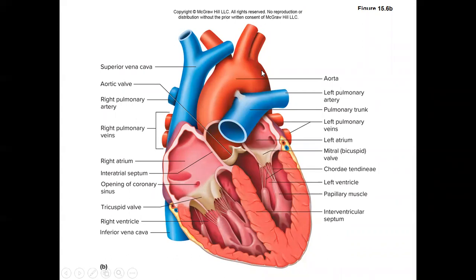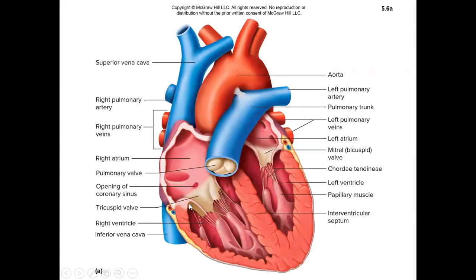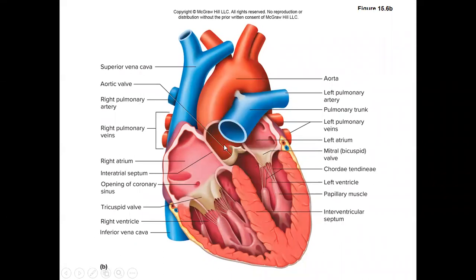So in the heart, you have 4 valves. You have tricuspid, you have the pulmonary valve, you have the mitral or bicuspid valve, and then you have the aortic valve. Those are the 4 valves of the heart.